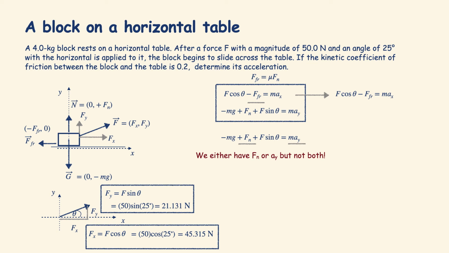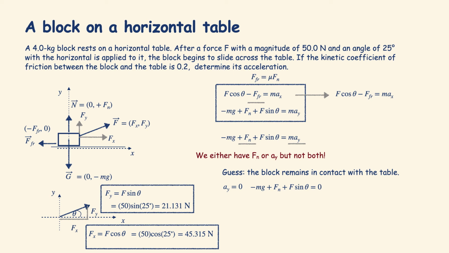Once again, a very natural guess that turns out to be the correct guess is to assume that the block slides along the table. The problem itself says so, and that we maintain contact with the table, so we are going to guess that the block remains in contact. In other words, the y component of the acceleration will be 0, and we will have a normal force.